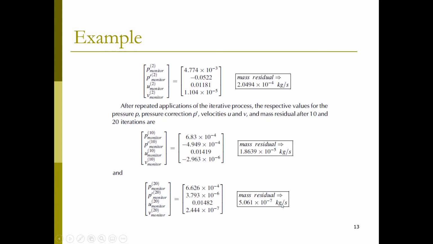Usually for mass residuals, 10 to the power of minus 7 is quite good enough for the convergence criterion. So the mass residual of 10 to the power of minus 7 will give quite accurate values for that particular field, P, U, and V here.